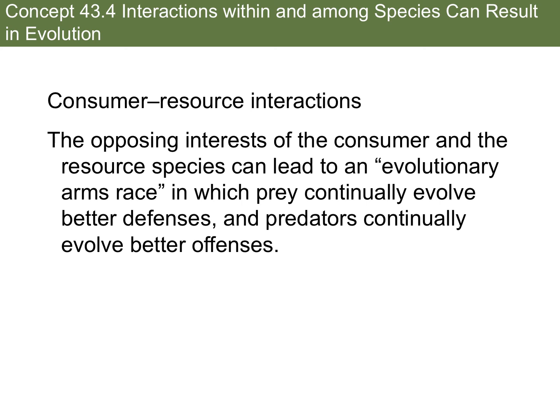And in the case of these consumer resource interactions, it leads to what's called an evolutionary arms race, in which the prey continually try to evolve better defenses, skills, something to get away from predators. And predators are continuously also evolving ways to keep up with the prey that they need to eat.